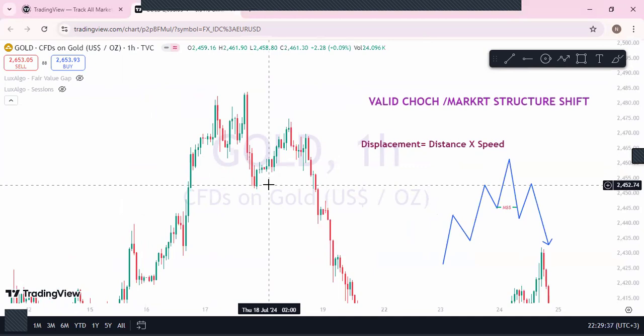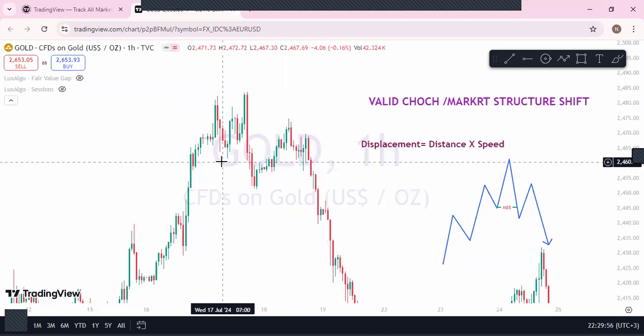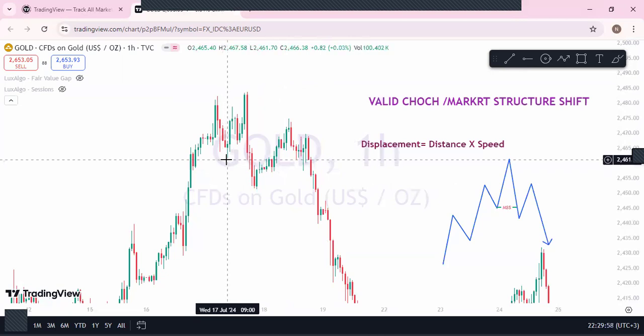To know if the market is now going in the opposite direction, you identify the candlesticks that are formed. If the candlesticks being formed have a lot of momentum, that shows that sellers have entered the market and the opposing force is going to be stronger than the force that was previously in control.